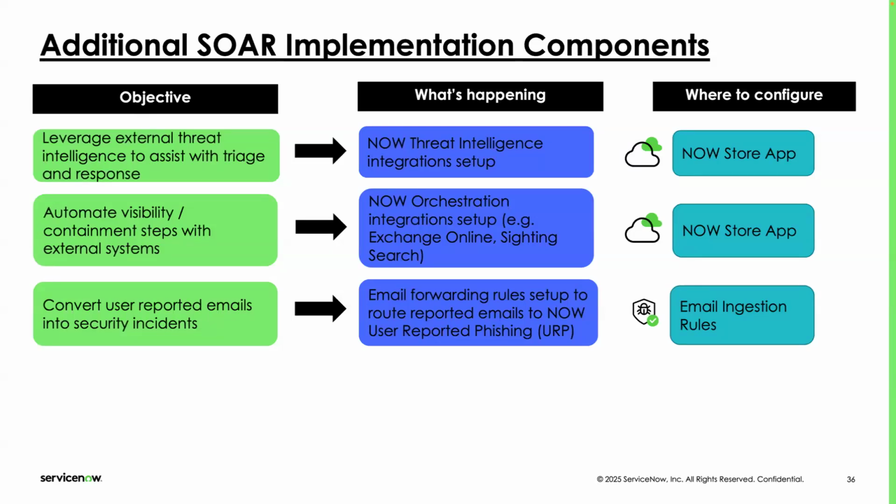There's a feature you may hear of called sighting search. If we have a particular object like a malicious IP, we can initiate a search against certain log stores or SIEM solutions and say, hey, where else have we seen this? Has this IP address been seen in our proxy logs and other activities for your investigations?